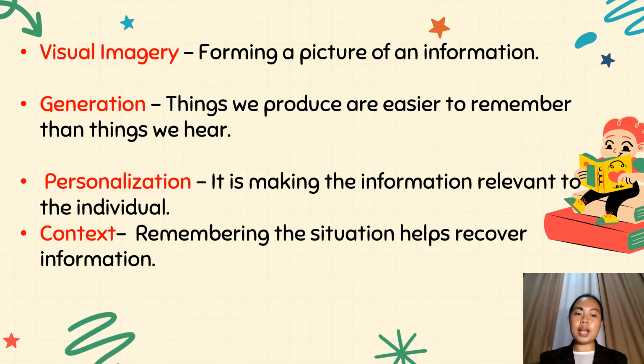And next is personalization. Personalization, making the information personally relevant to yourself, improves retention. And lastly, we have context. So context is remembering the situation or environment in which learning occurred, which can help retrieve the information.